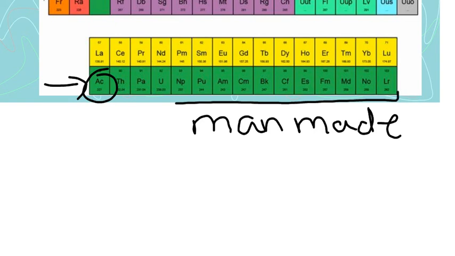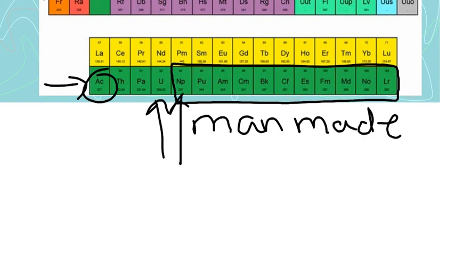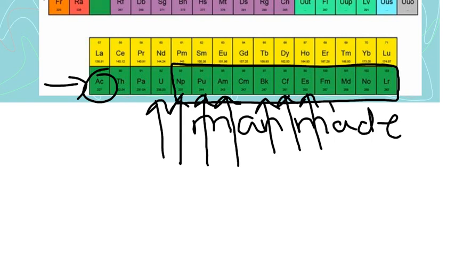And at the end of the year, when we talk about nuclear reactions, we will talk about how all of these elements were made by transmutating uranium. And you can see that a lot of them are named after the planets. Uranium is named after the planet Uranus, Neptunium after Neptune, plutonium after Pluto, americium is named after America, berkelium named after Berkeley University, californium after California, einsteinium, fermium is named after Enrico Fermi, and there's mendelevium, named after Dmitry Mendeleev.